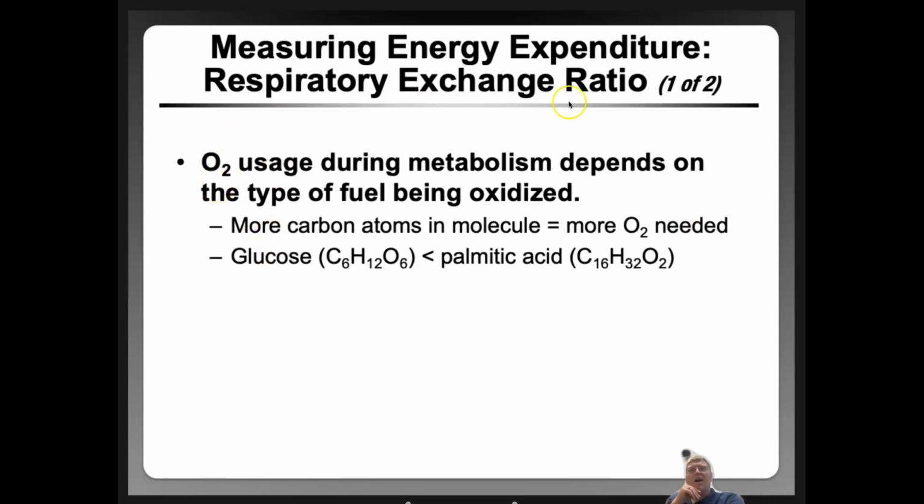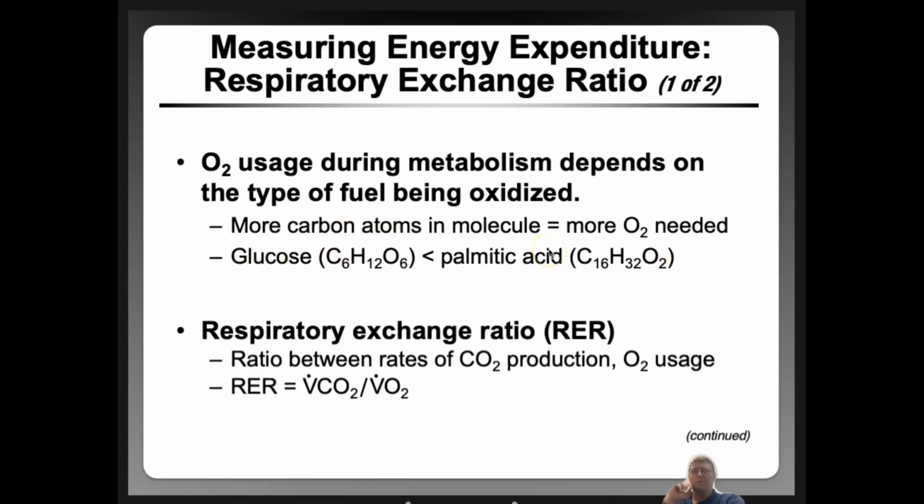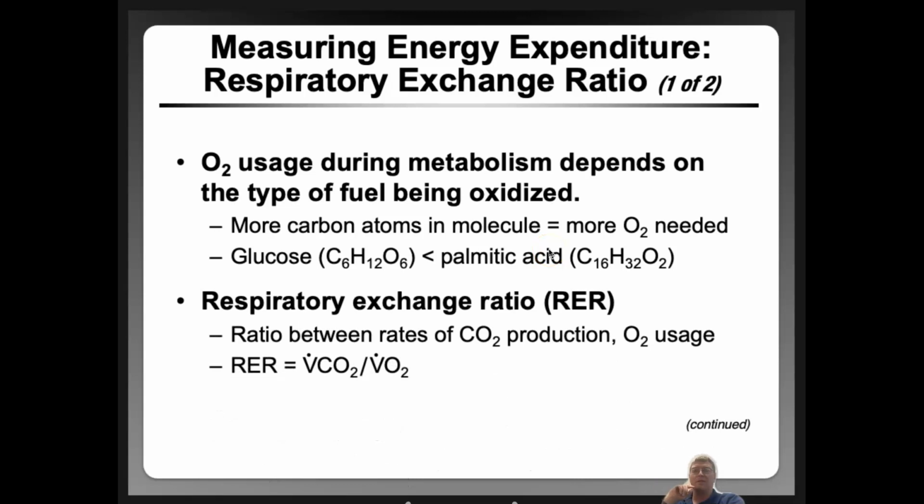So the next one is the RER. Somebody talked about this in their journal the other day. The respiratory exchange ratio. So O2 depends on the type of fuel being oxidized. So using glucose and fatty acids, these all kind of go together. Lots more chemistry.